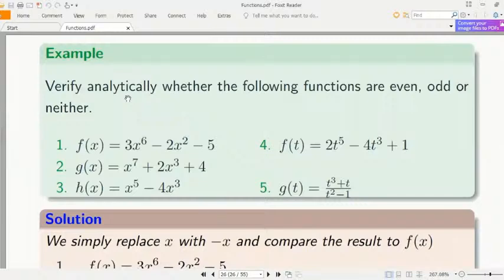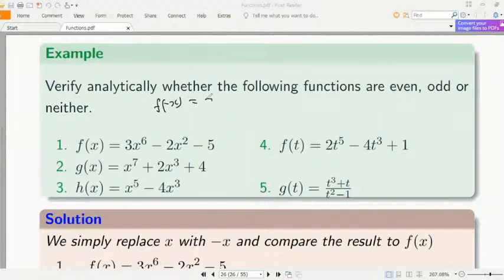Now, the question is: verify analytically whether the following functions are even, odd, or neither. So just go through the definitions. We've been given f of x, so let's just find f of negative x. What is f of negative x? Wherever there is x, just put negative x.